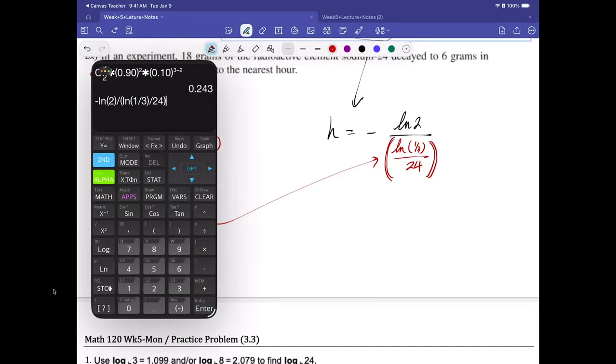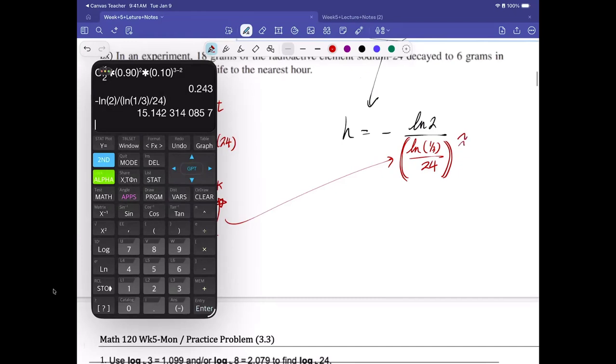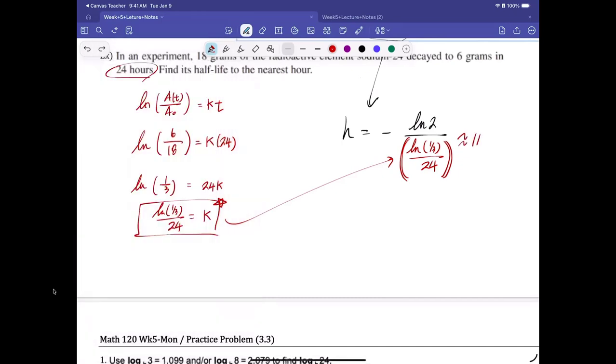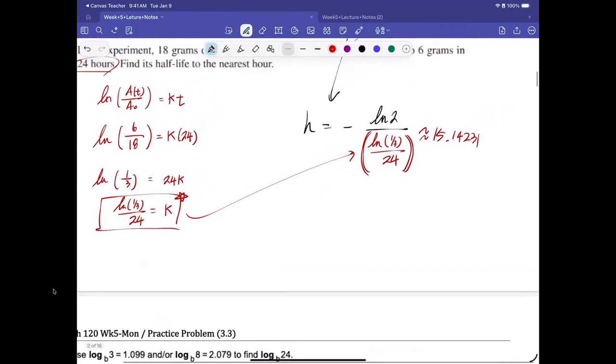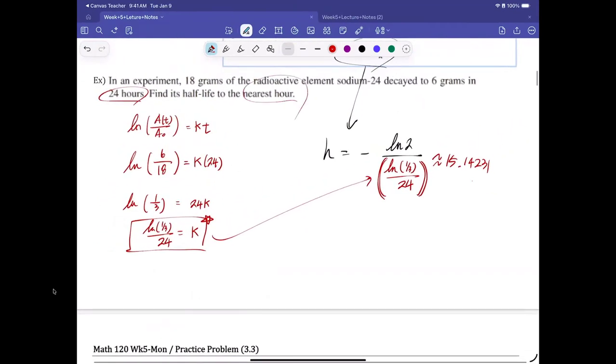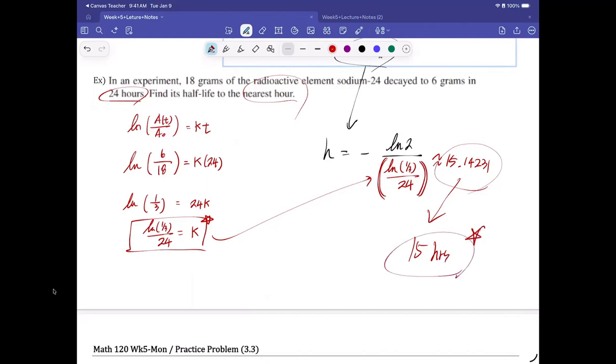Oh, one parenthesis. Yep. 15.142. Yep. So this one is about 0.14231. So to the nearest hour, it is 15 hours.